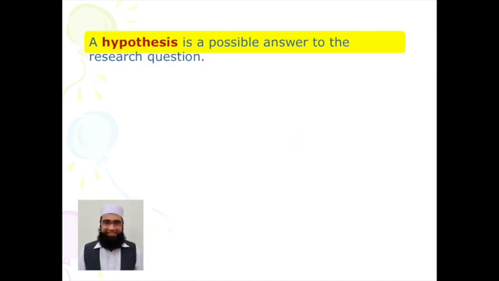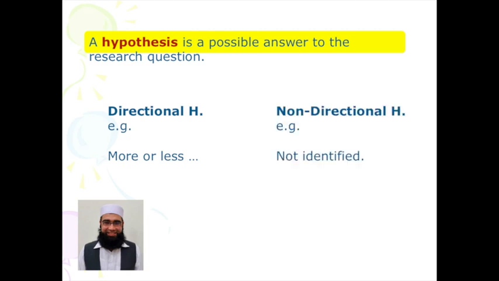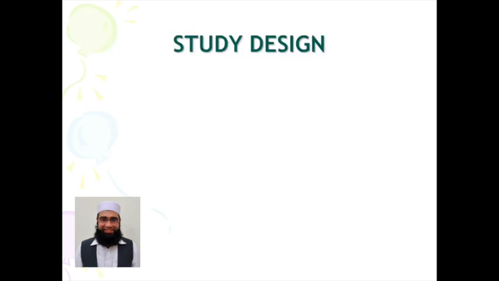A hypothesis is a possible answer to the research question. Now, there can be directional hypotheses such as more or less, or non-directional hypotheses, for example, not identified. We'll further discuss hypotheses later on in some other research workshop.